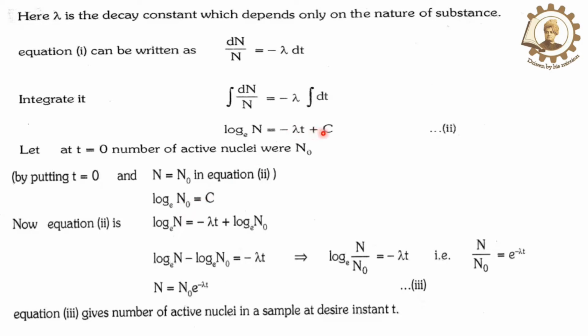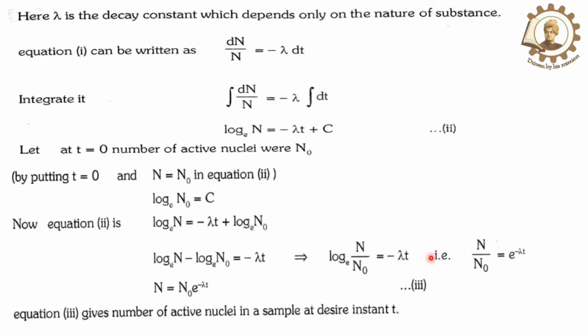Substituting c back in equation 2, we can write log N minus log N0 with base e, which we can write as log N/N0 with base e equal to -λt.